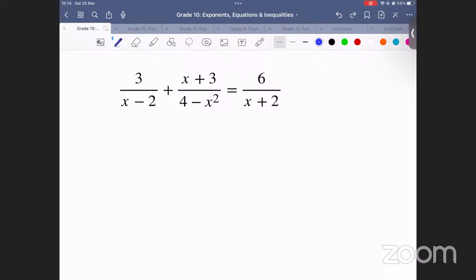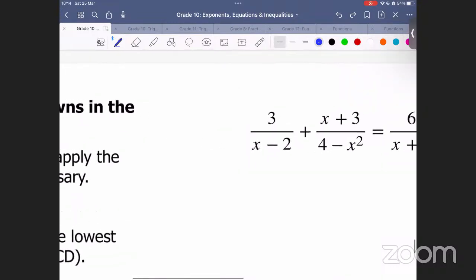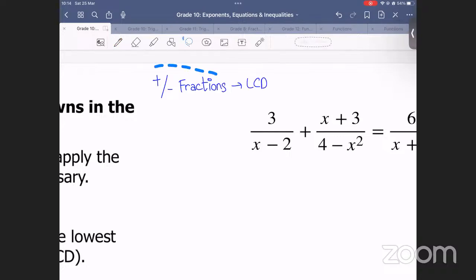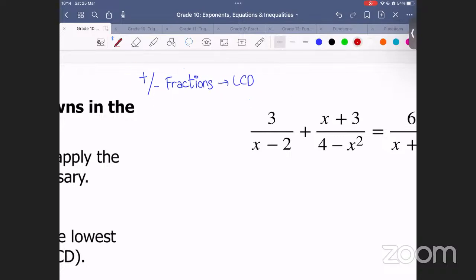But how do you add or subtract fractions? You always need to do LCD. Always, always, always, unless, of course, it's already the same denominator. How do you multiply fractions?